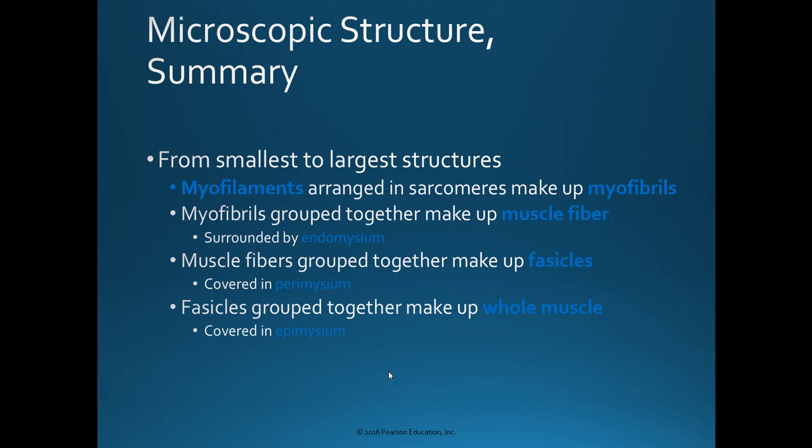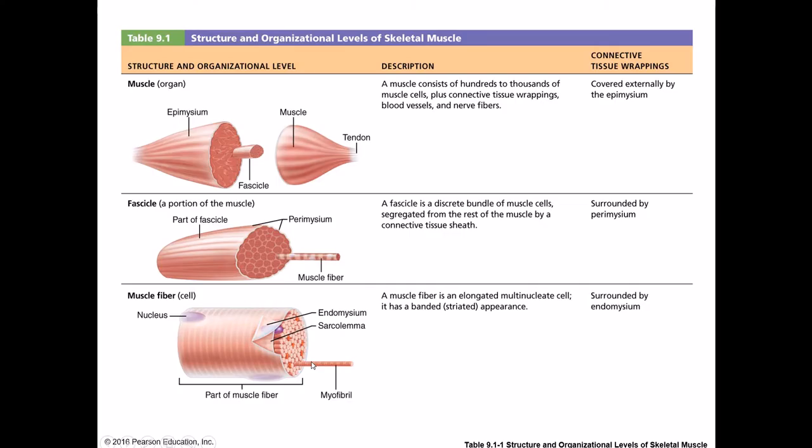We get a group of muscle fibers coming together. It's a fascicle. The fascicle gets covered in perimysium, and then we get a bunch of fascicles grouped together, and we get the whole muscle covered in epimysium. And so it really is, from this very small structure, fibers within fibers within fibers. This is table 9.1. It's a nice little overview of these different membranes as well.